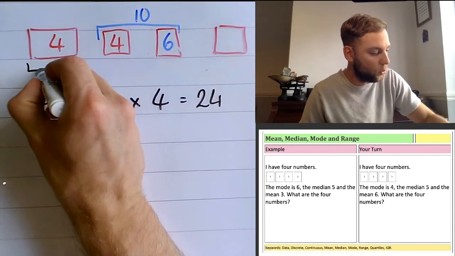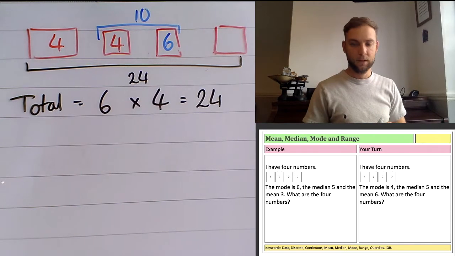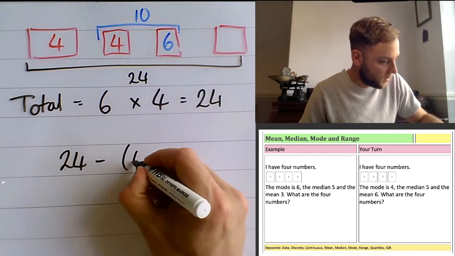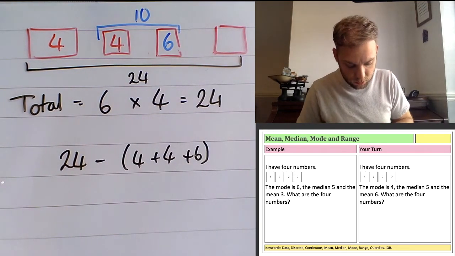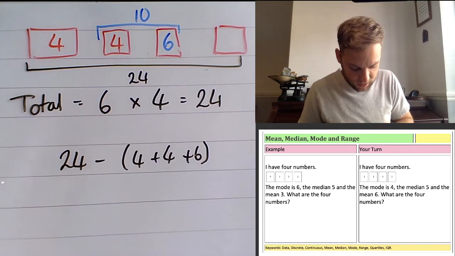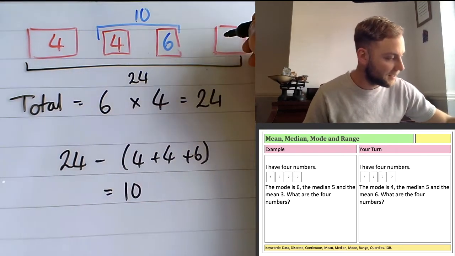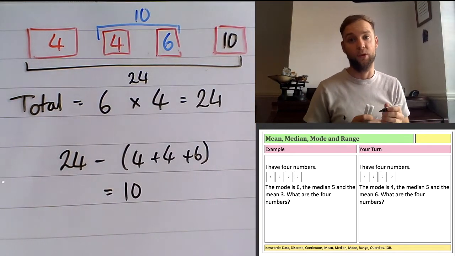So I know that all of these numbers sum to 24. So I do 24 minus 4 plus 4 plus 6. So 4 plus 4 plus 6 is equal to 14. 24, take away that answer, is equal to 10. So this last number needs to be 10, so I can make a total of 24.